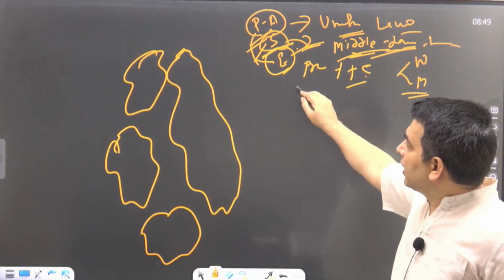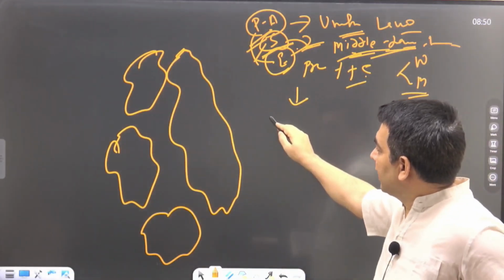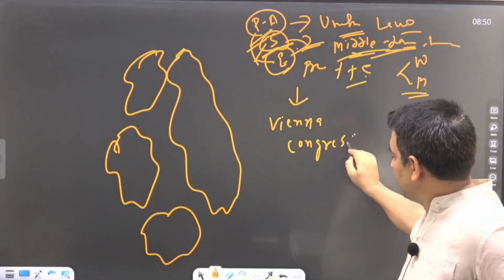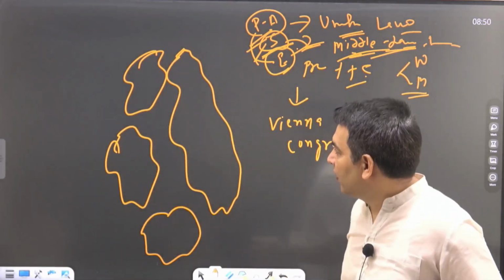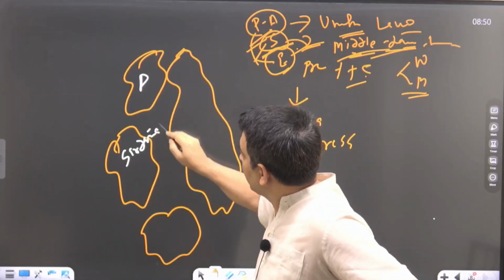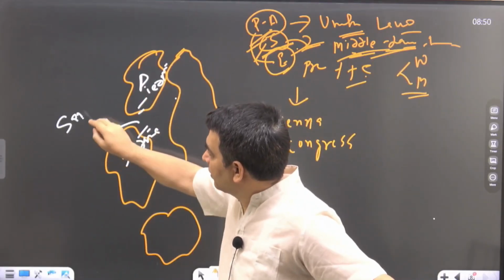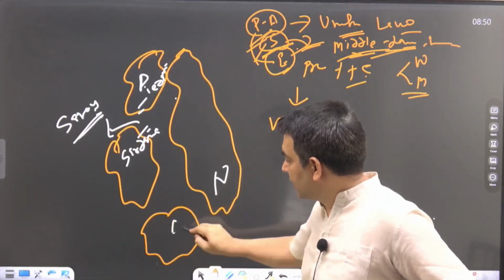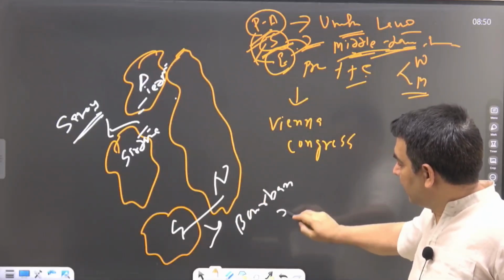But after the Napoleonic downfall, we find that there was the Vienna Congress, and Vienna Congress basically redivided Italy again. In Piedmont, Sardinia, there was the Savoy dynasty, an indigenous dynasty. In Naples and Sicily, a branch of the Bourbon dynasty was ruling.